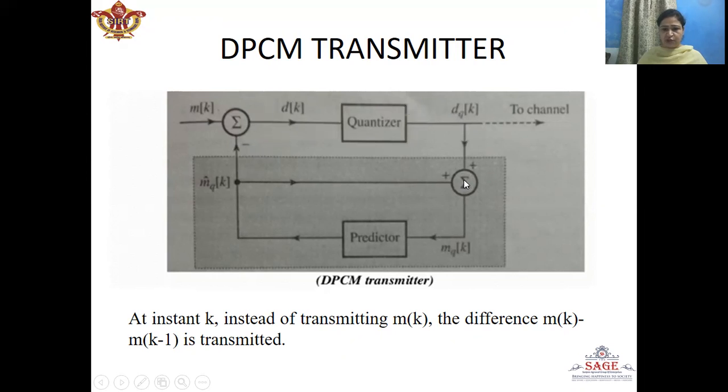Now, this dqk will be added with the previous predicted value and will generate mqk. This mqk will be given to the predictor filter, and the predictor filter will generate an output, which will be compared with the next sampled version of the message signal.